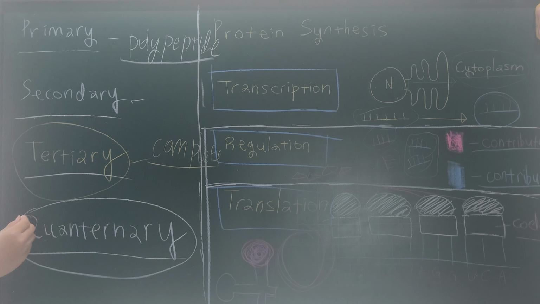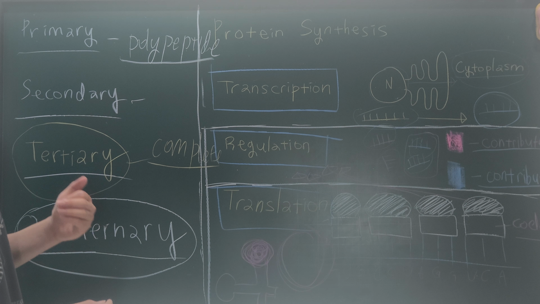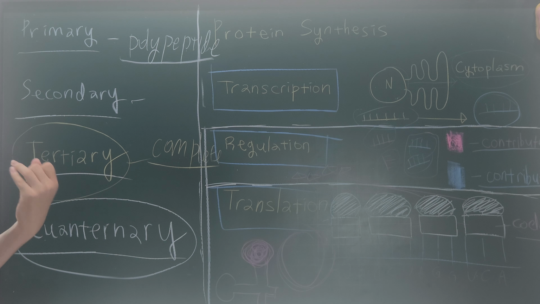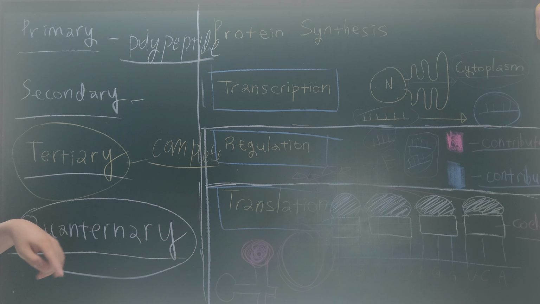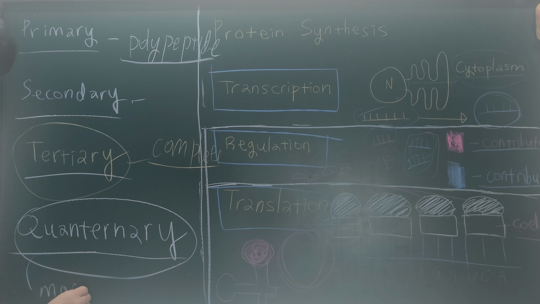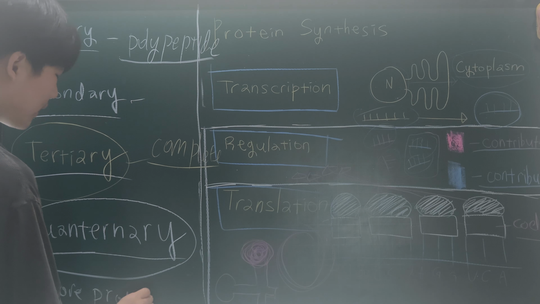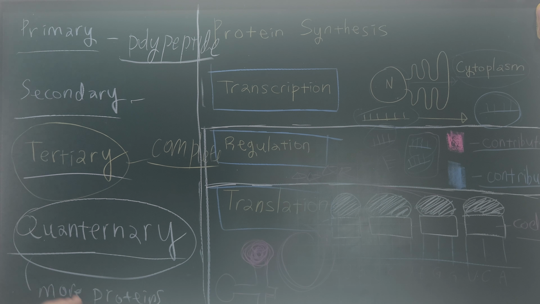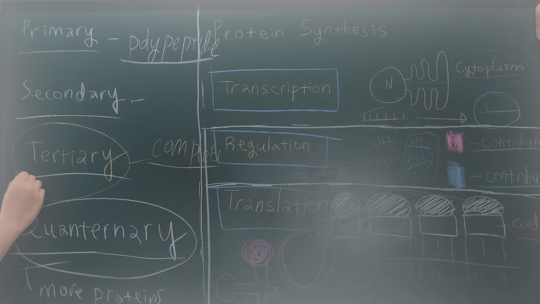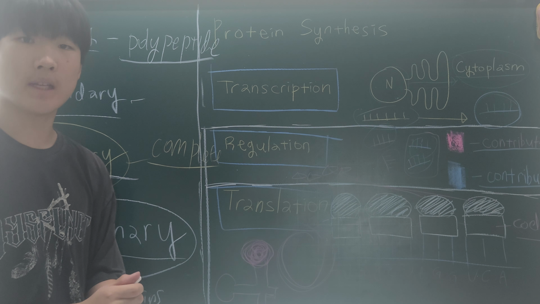Well, the quaternary isn't necessary because it requires several proteins, more than one protein, to function well. So in this state, the proteins work together to function well. You just have to remember that the tertiary phase is the most complete and well-functioning state of the protein.